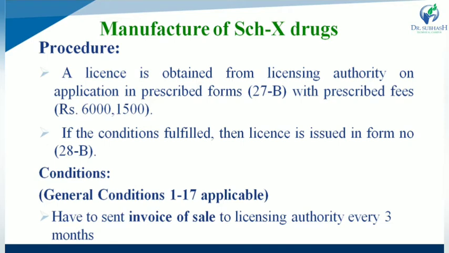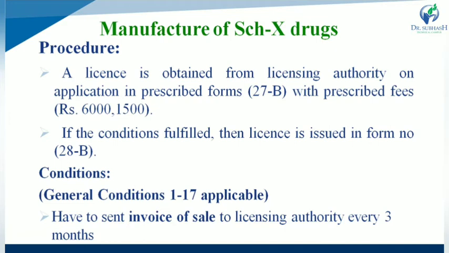So in case of manufacturing of Schedule X drugs or narcotic drug substances, the license is obtained from the licensing authority by filling the prescribed form, that is Form number 27B, and paying fees of around 6,000 and 1,500. And if all the conditions are fulfilled and the licensing authority is satisfied, then only the license is issued in Form number 28B.